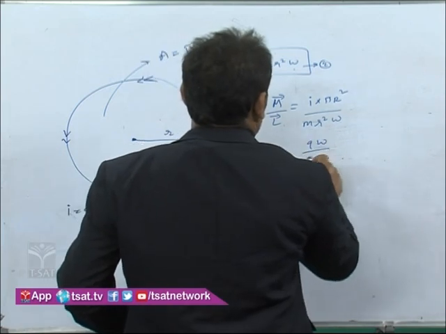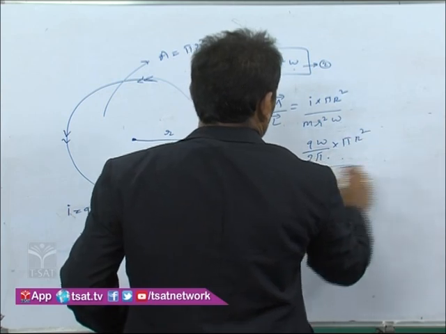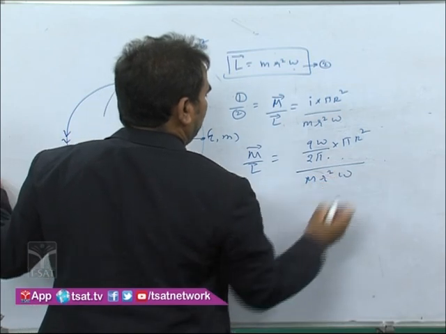So m upon L = q omega by 2 pi into pi r square upon m r square omega.